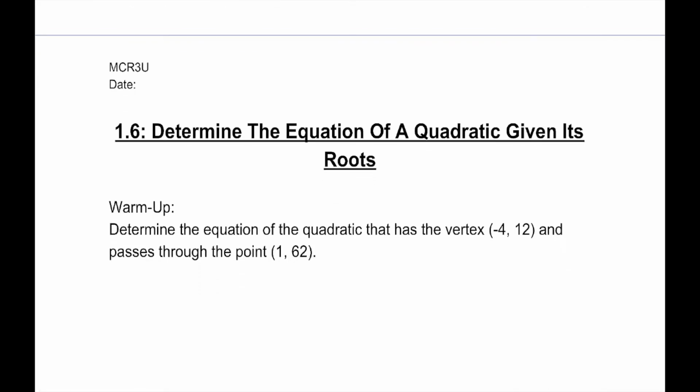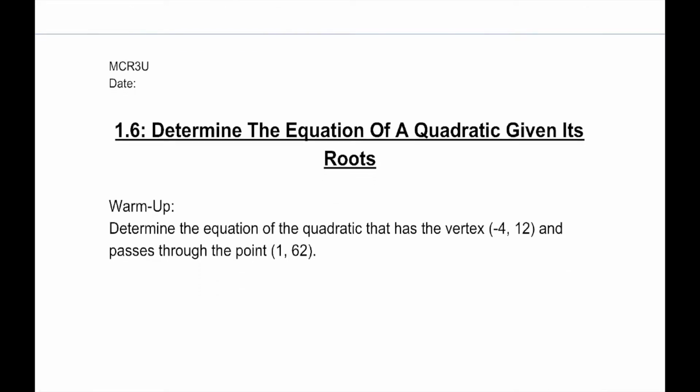So as a warm-up, this would be maybe a question you would have gotten in grade 10. We want to determine the equation of a quadratic that has the vertex (-4, 12) and passes through the point (1, 62).